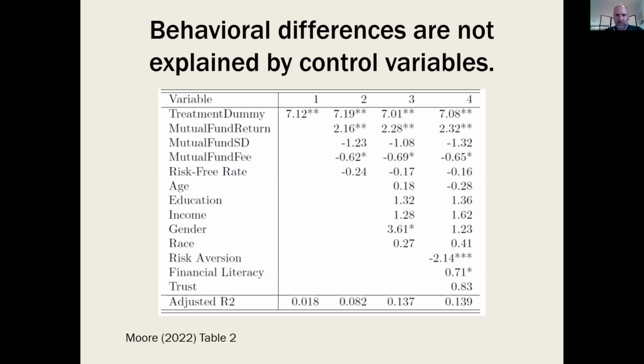So the degree to which men are more likely to hold a higher percentage of stocks really has to do with the fact that men on average are less risk averse or more risk loving. So when you explicitly include risk aversion measures in the experiment, that sort of subsumes the gender effect, which I thought was interesting. But overall, this differential investment in risky assets is very stable and significant at about 7% difference in all four of these specifications, which includes the full range of control variables.